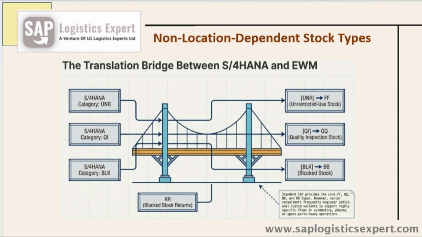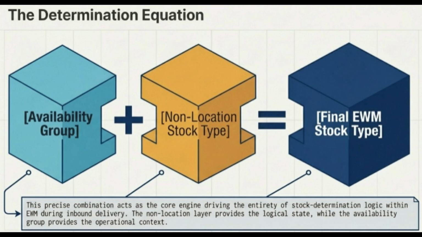UNR in S4 becomes FF in EWM. QI in S4 becomes QQ in EWM. BLK in S4 becomes BB in EWM. Final EWM stock type is equal to availability group plus non-location stock type.